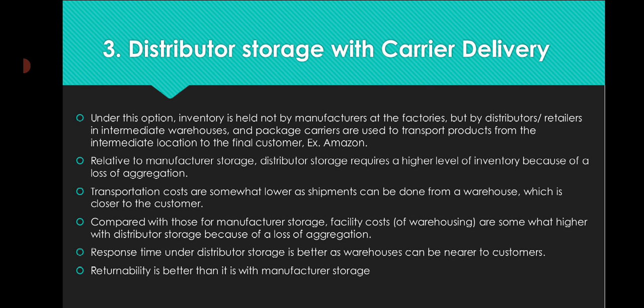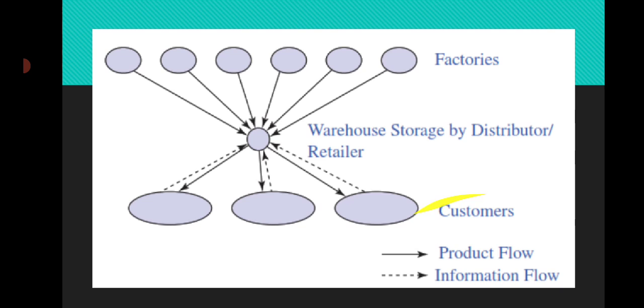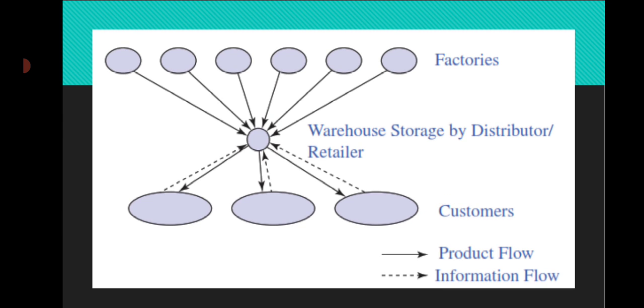Response time under distributor storage is better as warehouses can be near customers. Returnability is better than with manufacturer storage. Here, if you observe, the product flow lines go from factories to warehouse, and warehouse to customers. Information flow is also like this, warehouse to customers.